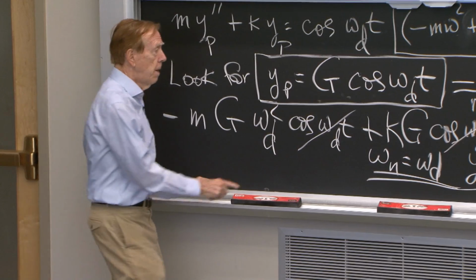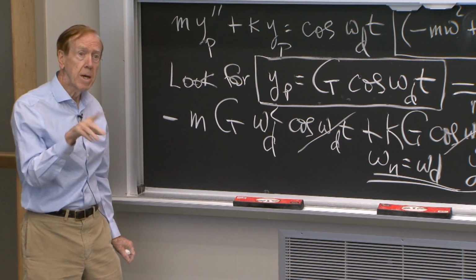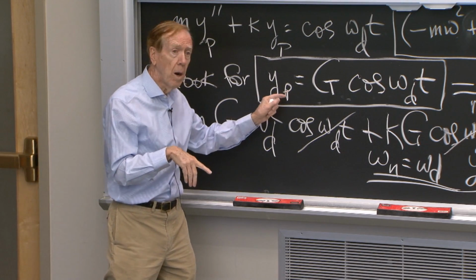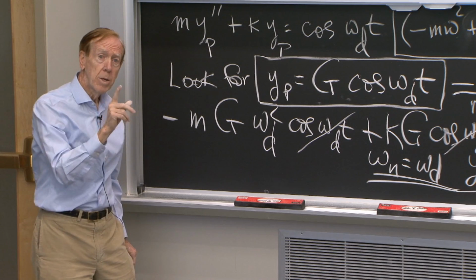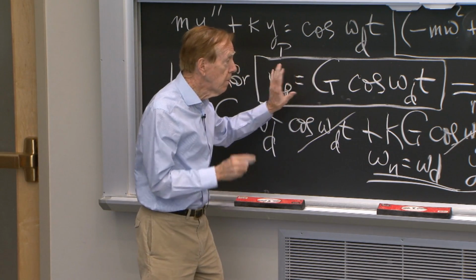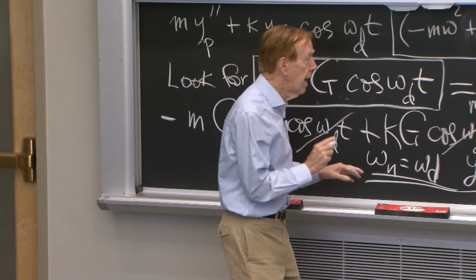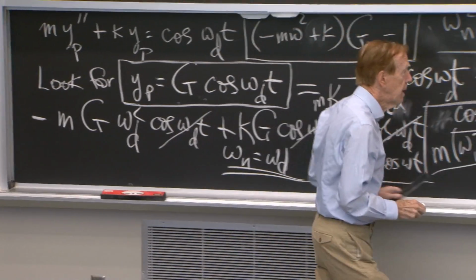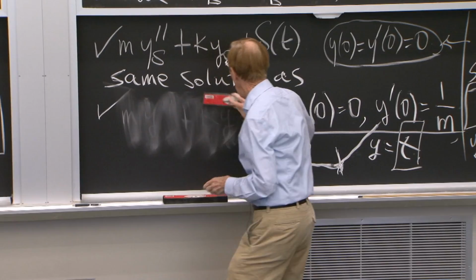But this particular solution that you added in, at t equals 0, it's not 0. So you have to change. So the correct thing is yp plus yn. Just a warning.